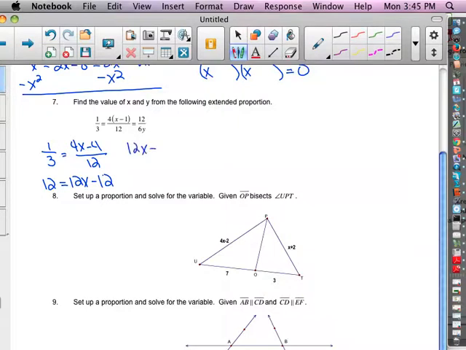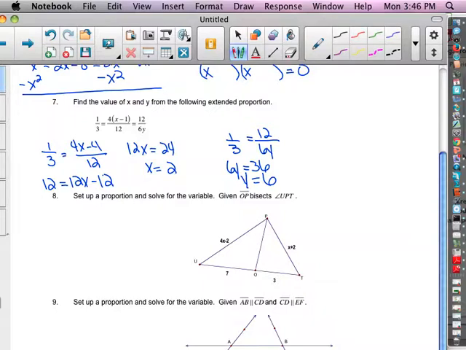So 12x equals 24, so x is equal to 2. That's the first one. The second one for y will be 1/3 is equal to 12 over 6y. Cross multiply, you get 6y is equal to 36, so y is equal to 6.